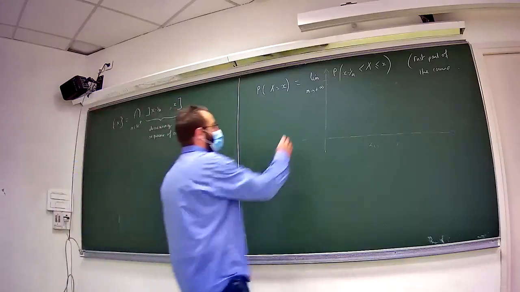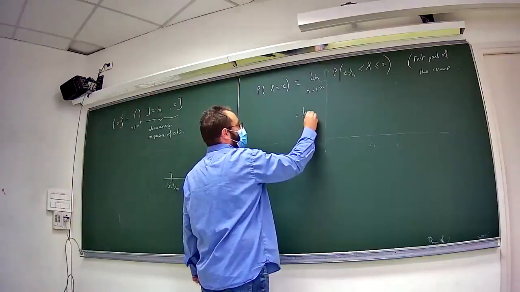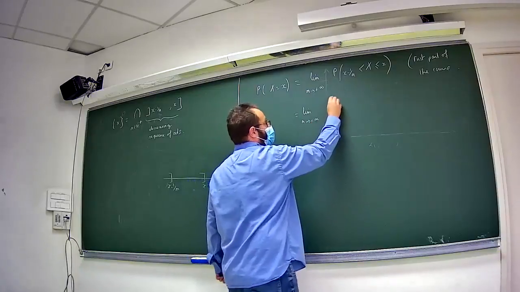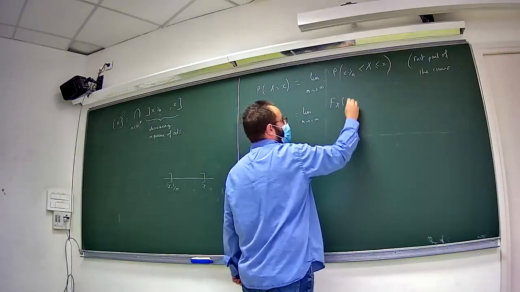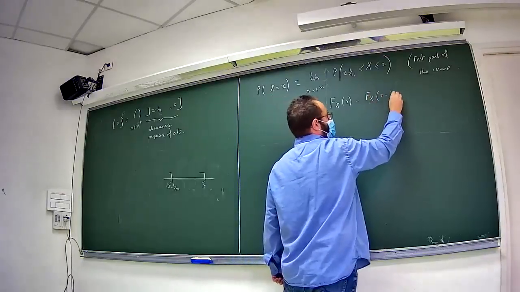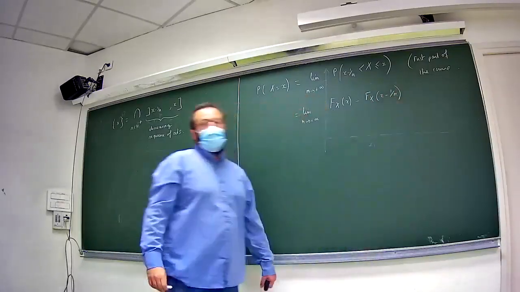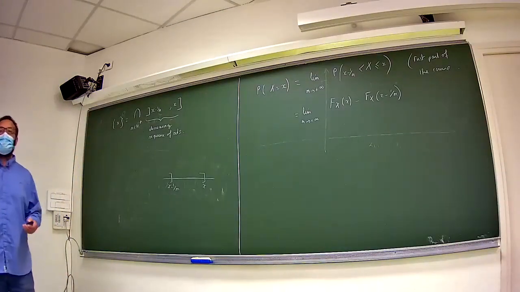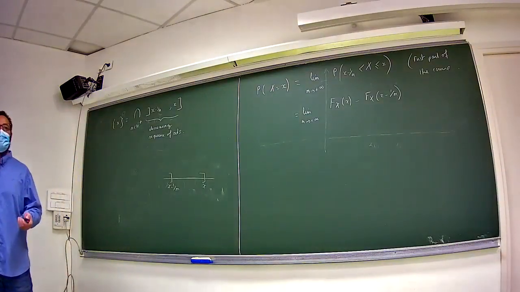Okay? So it's the limit, when n goes to plus infinity, of what? F_X of small x minus F_X of x minus 1 over n. And what happens for this difference? Keep in mind that you have a property, and we are in the case where we suppose that the distribution function is continuous.